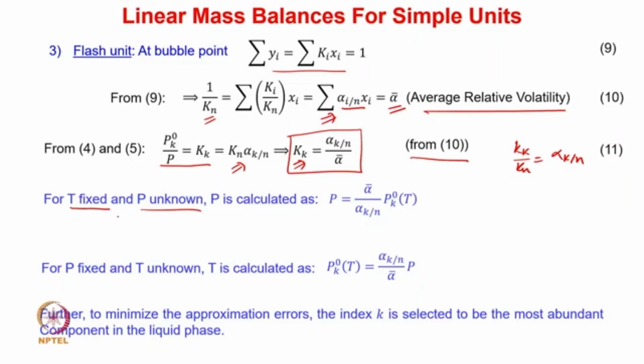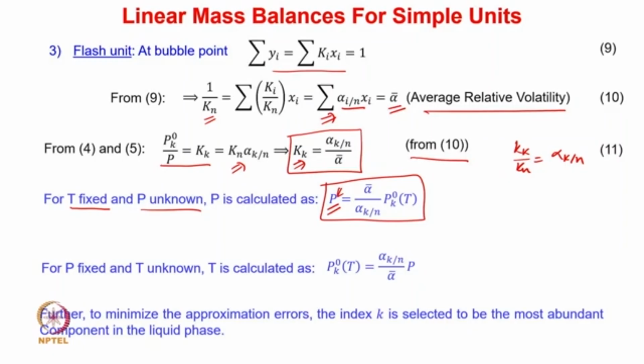So let's say T is fixed and P is unknown. In that case we can back calculate P by using this particular equation. So P will be nothing but what? Pk naught into alpha bar divided by alpha kn. So we can back calculate P and check whether the assumed value of P is matching with this P or not.